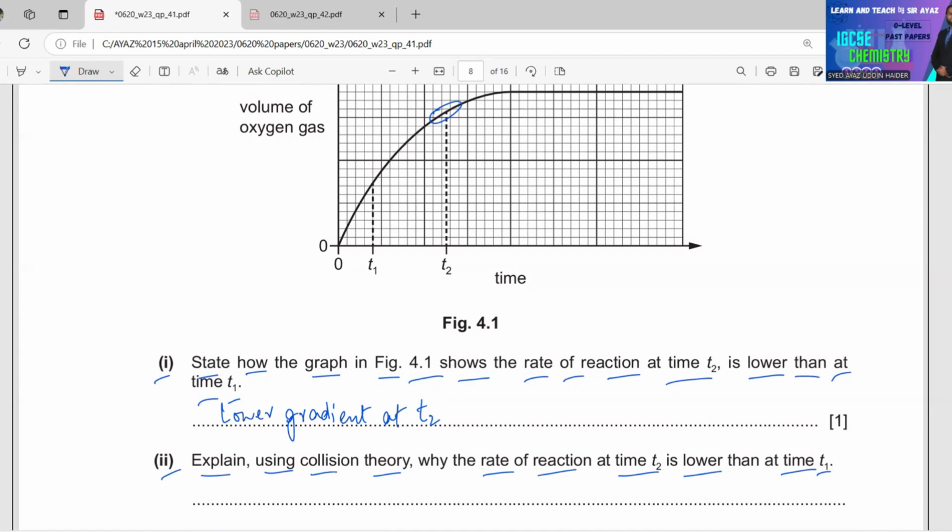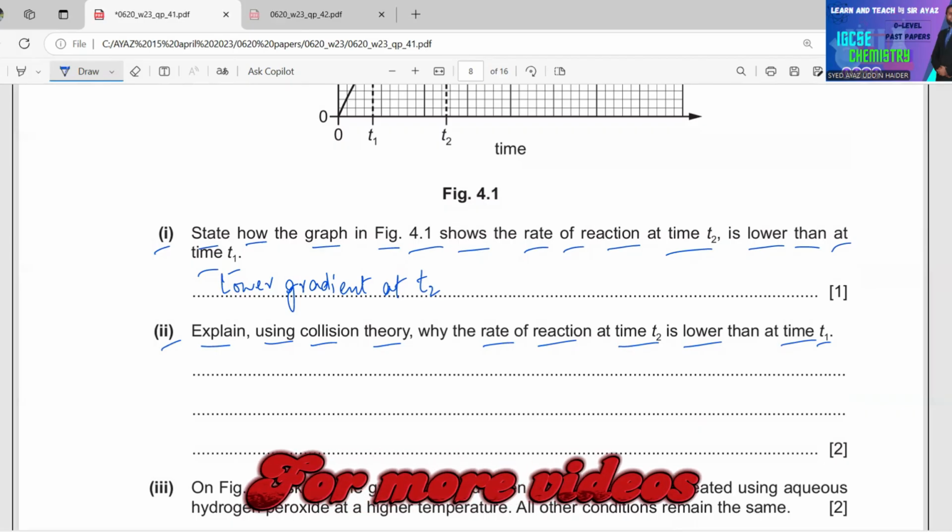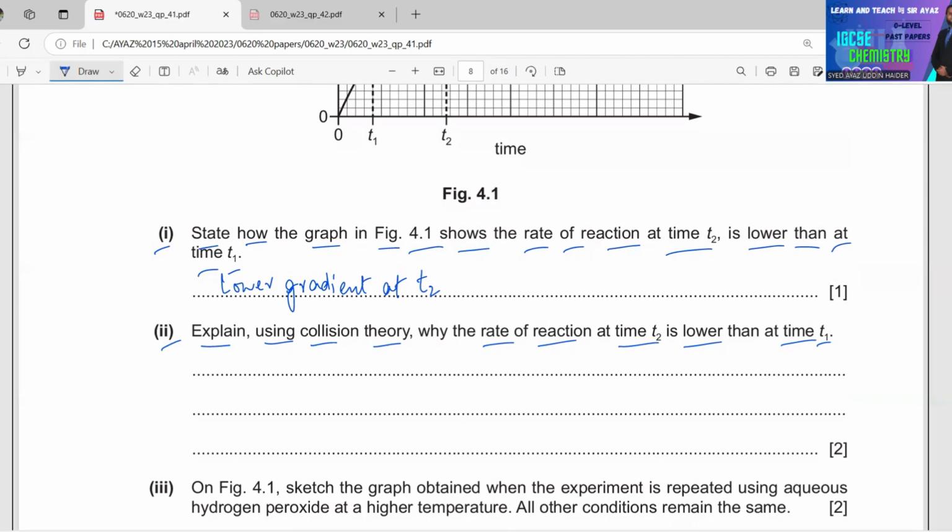So as the reaction progresses, the concentration of H2O2 particles decreases. So there will be less frequency of collision between particles. Or you can write lower frequency of collision.